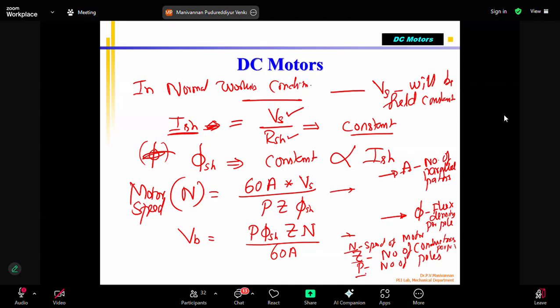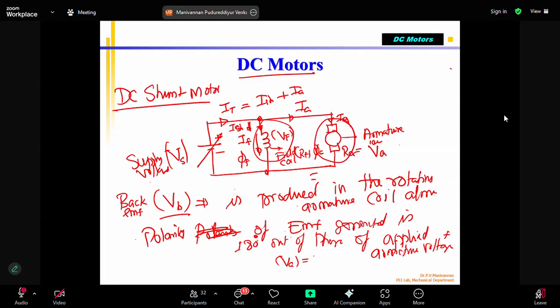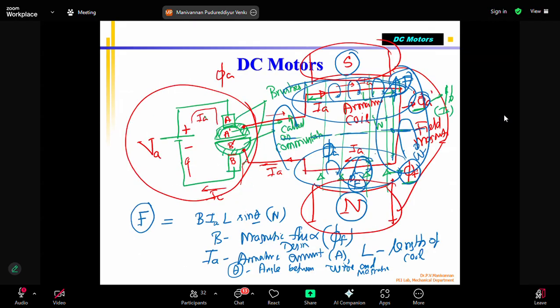Please know what we are talking about here. For example, this motor I am talking about has 2 poles, correct? North pole and south pole. Generally, in the case of motors, it can be like this: pole 1, pole 2, pole 3, pole 4, and inside that you have the armature.